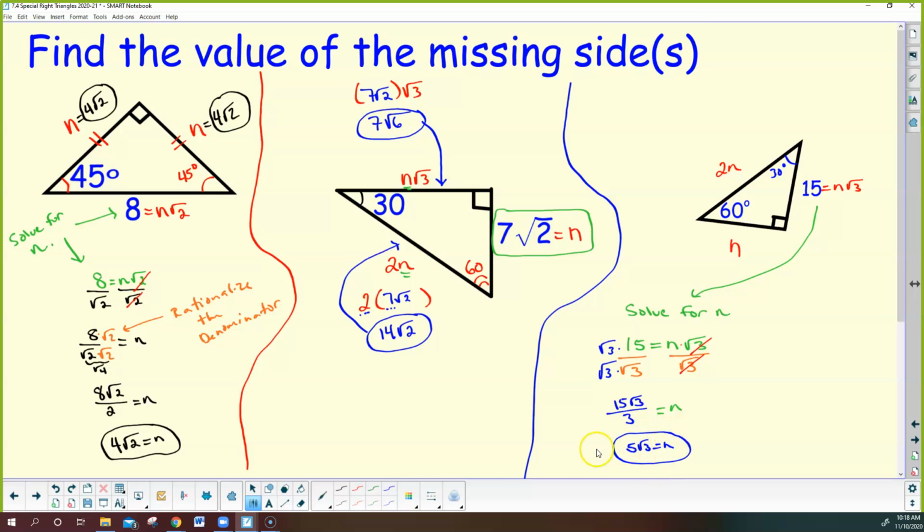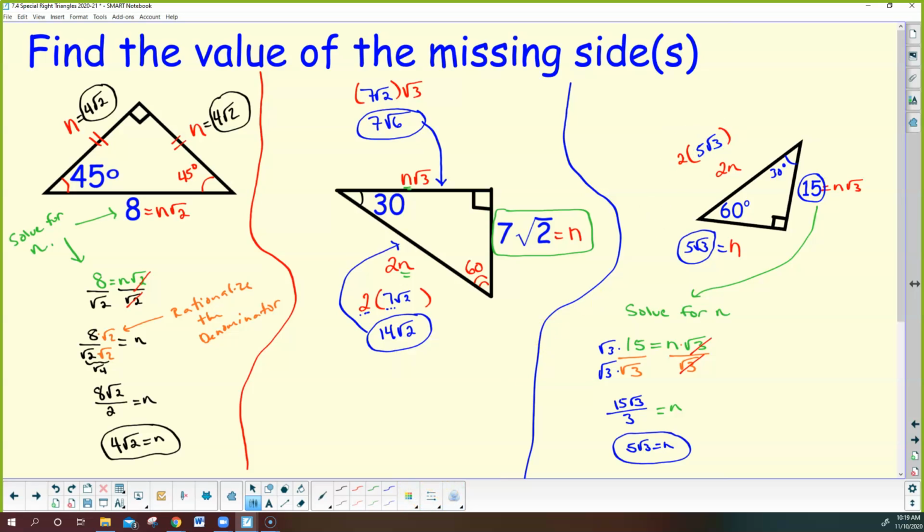So what did we just find? We found n. So I'm going to go back to my formula and find the missing sides. Well, this one's really quick. n is 5 square roots of 3. So here's this side length. We already know 15. And then all we have to do is double the 5 square roots of 3.